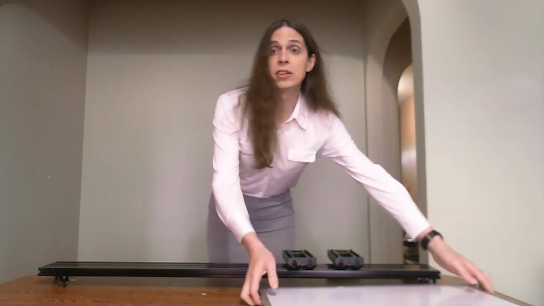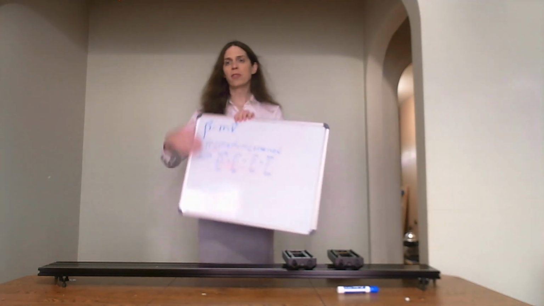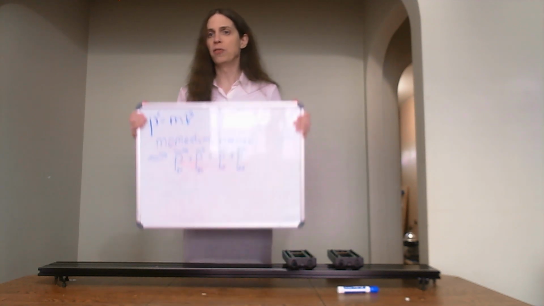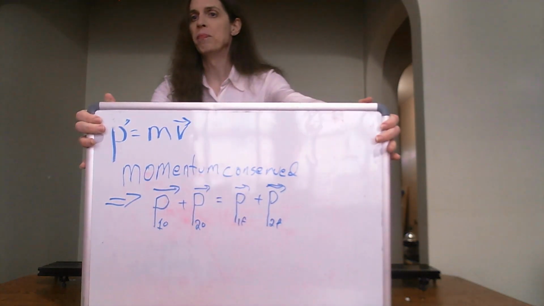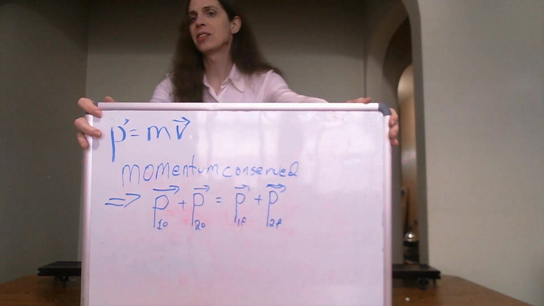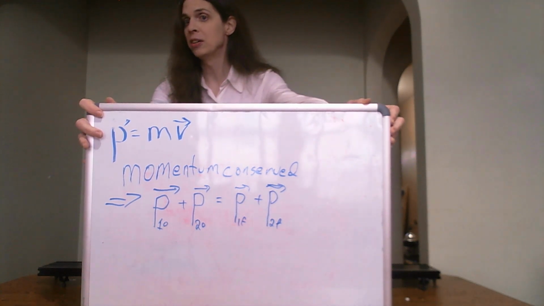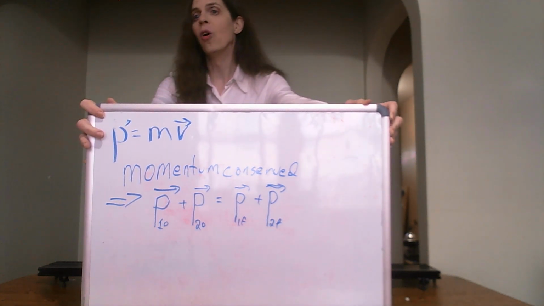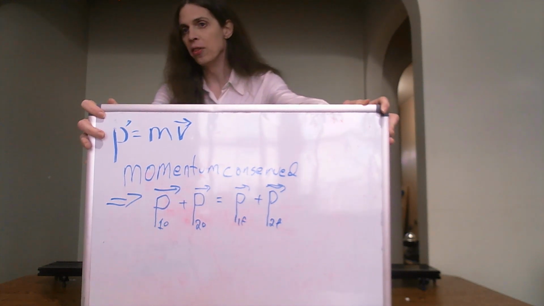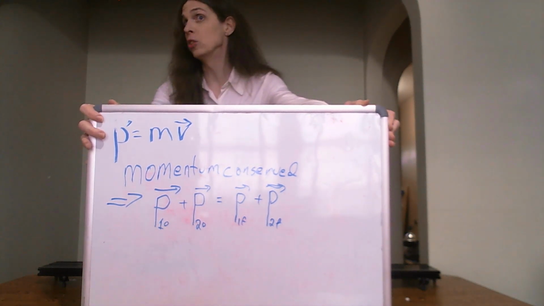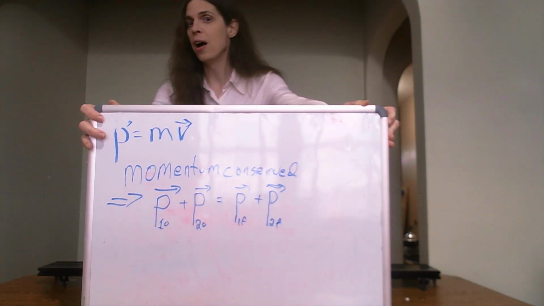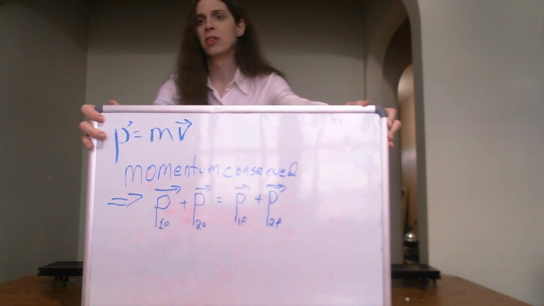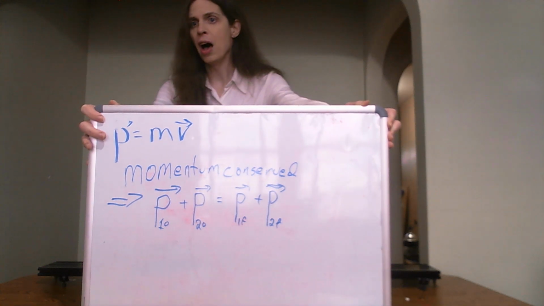So as a reminder, we have for our definition for momentum, that is mass times velocity. In the olden days of Newton, this was the quantity of motion that shows up in the Principia.